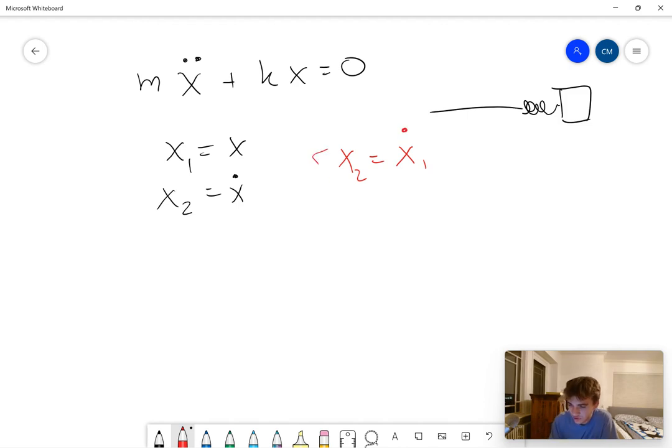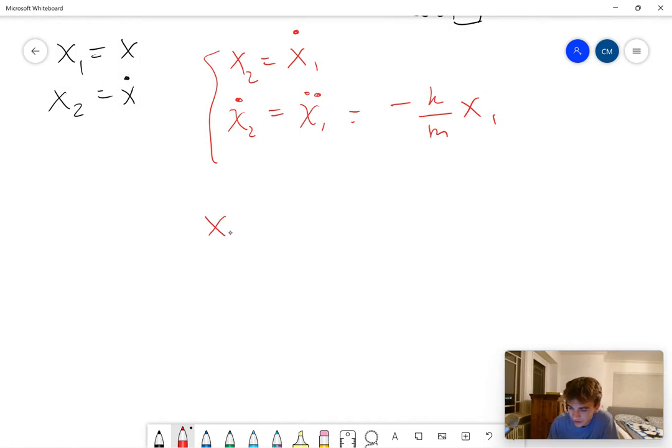And then if we set x2 equal to x1 dot, then x2 dot is just x1 double dot, and this is going to be our x1 here. So this is just equal to negative k over m x1. And so we're left with an x1 dot equal to x2 and an x2 dot equal to negative k over m x1.